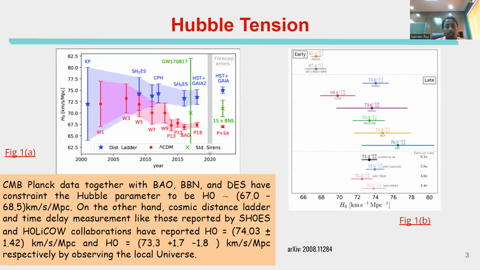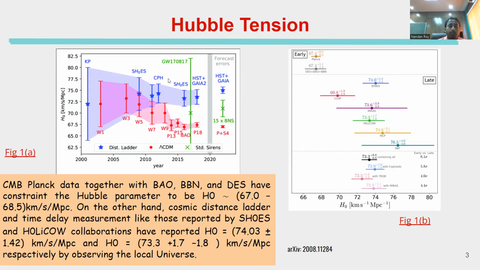The most famous tension recently is the Hubble tension, in which there is more than 5 sigma tension between the early time measurement of the Hubble constant from data like the CMB, and the late time data like the distance ladder measurement.